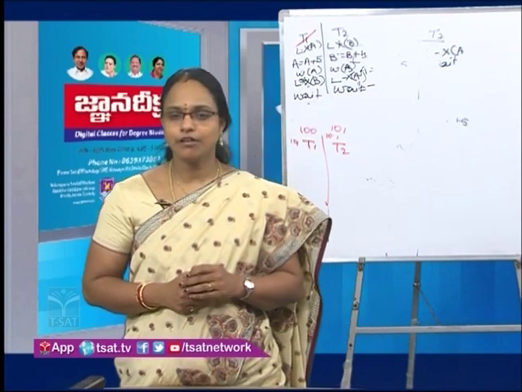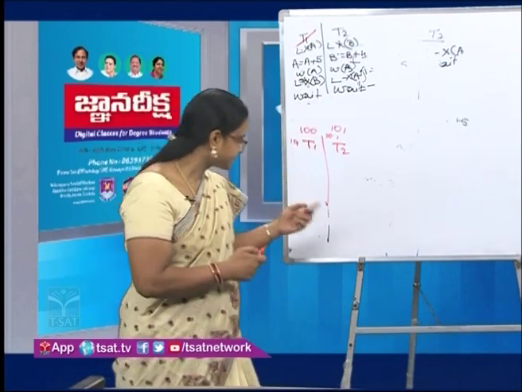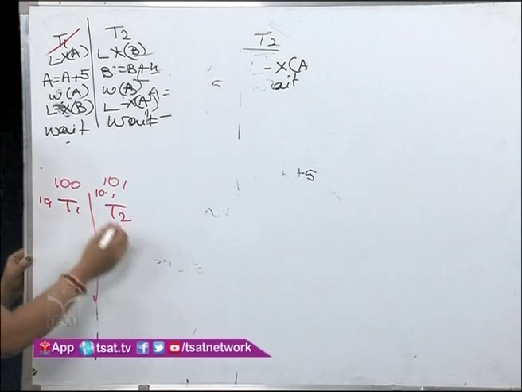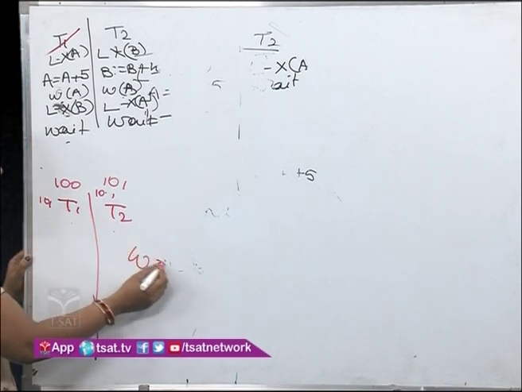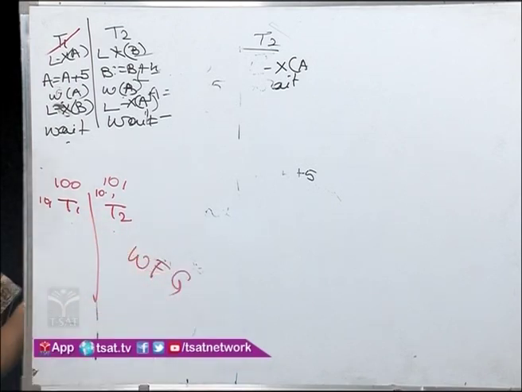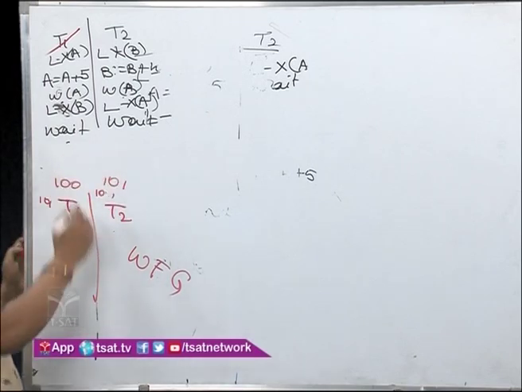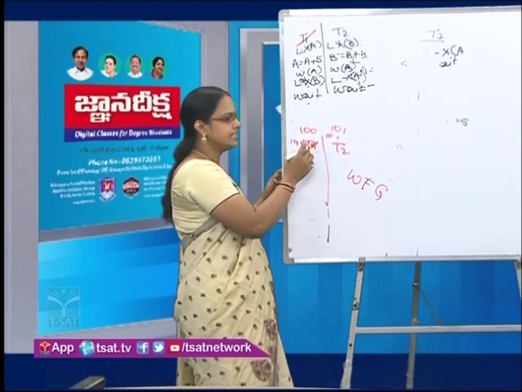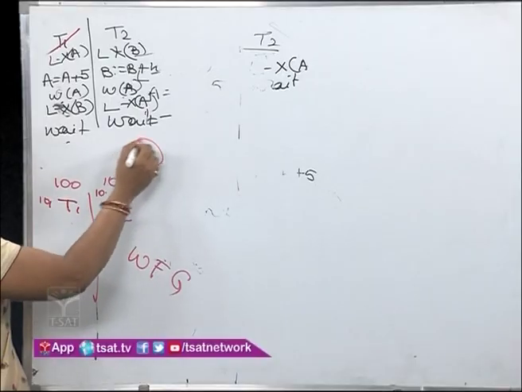So what is deadlock detection? If transaction T1 is waiting for transaction T2, this could be identified with the help of a wait-for graph. Do you know what a graph is? A graph is a collection of nodes and edges. Here the transactions are the nodes.